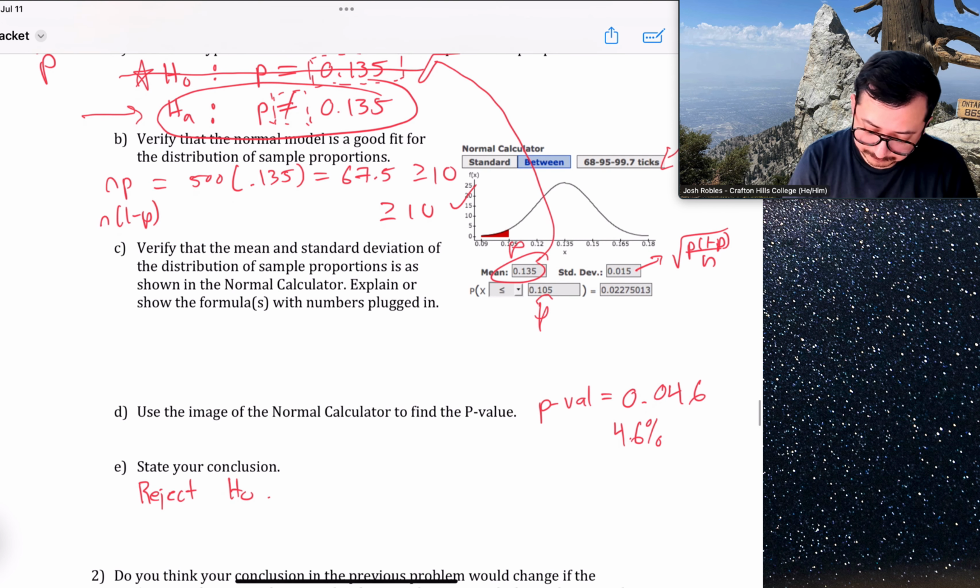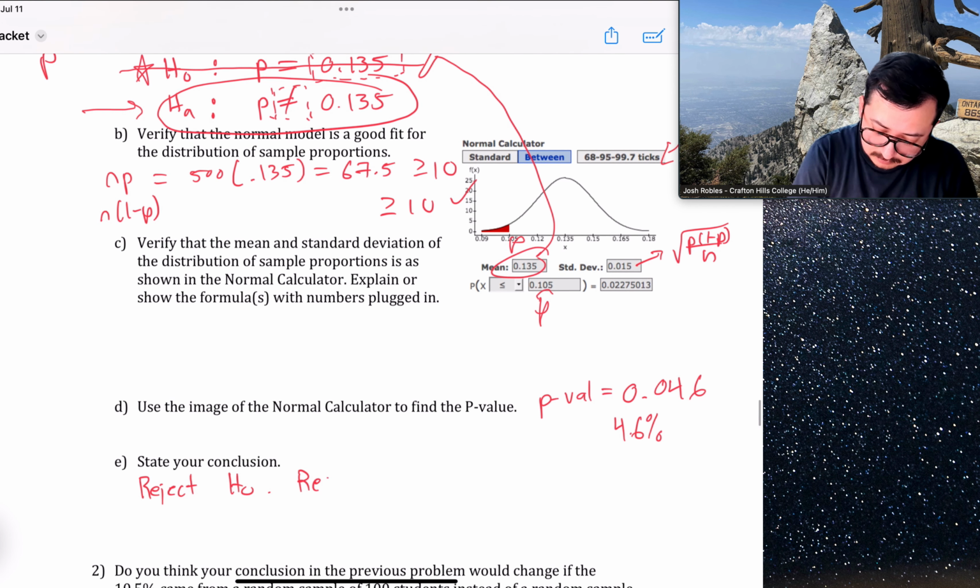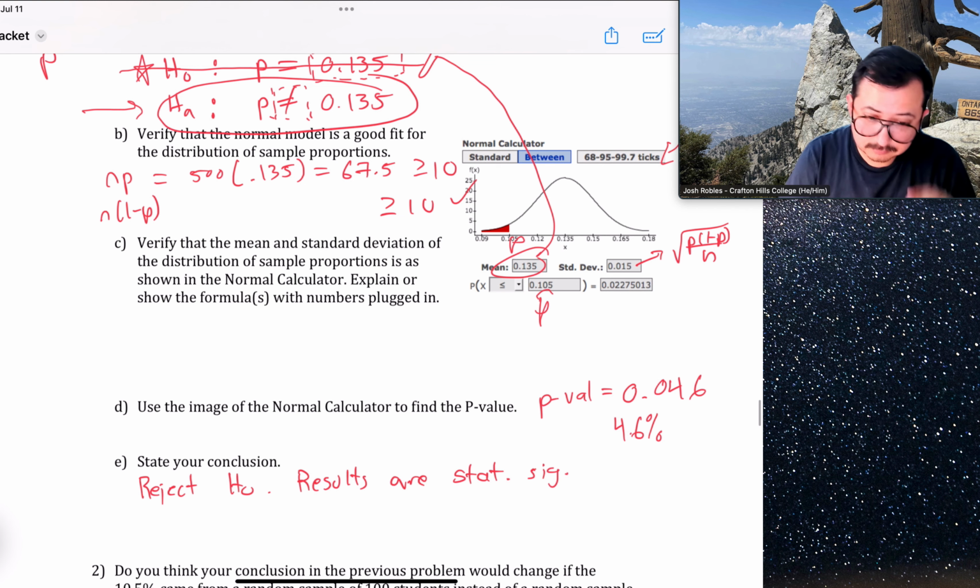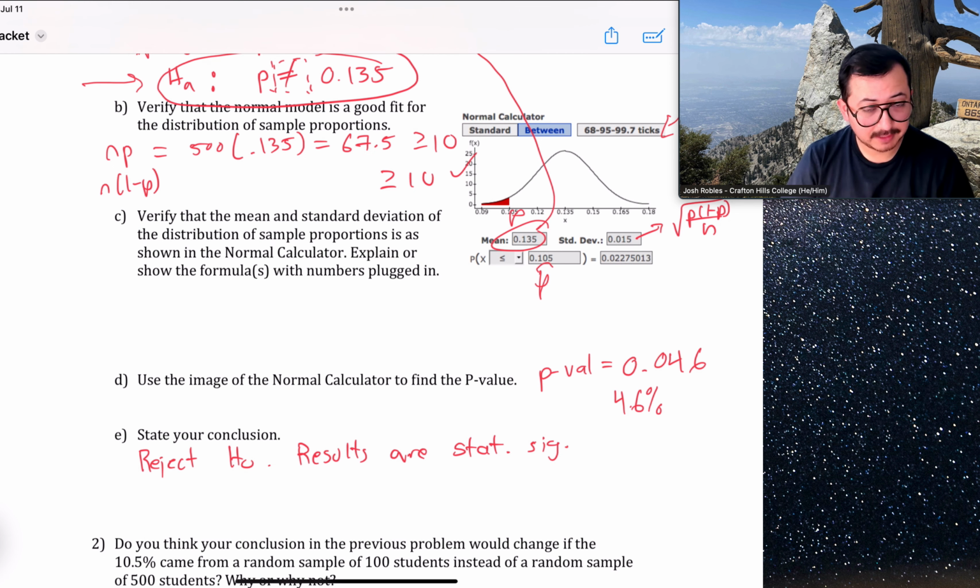Okay, so the results are statistically significant. Maybe you should write them out, I'm just being lazy here. But what does that mean?